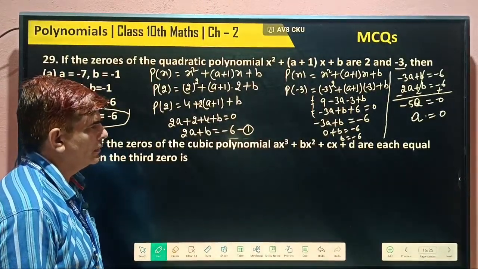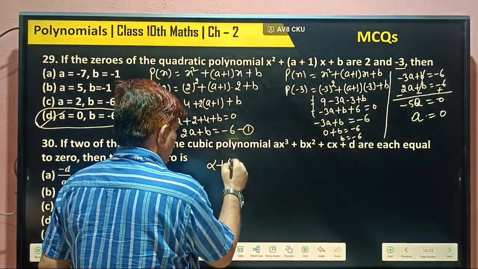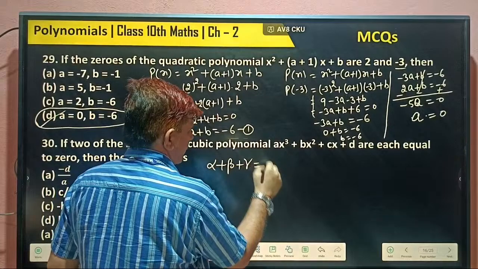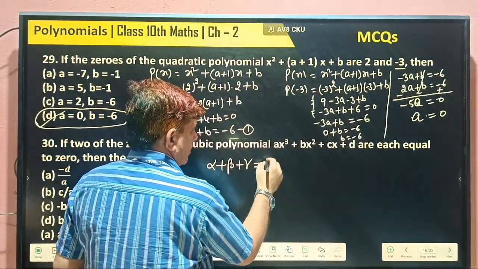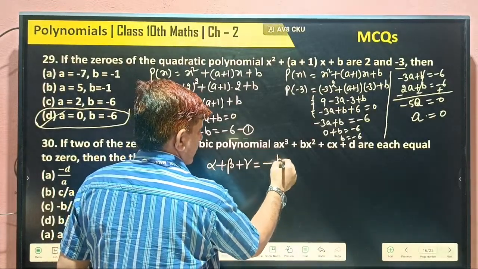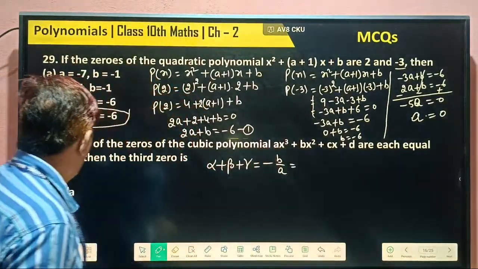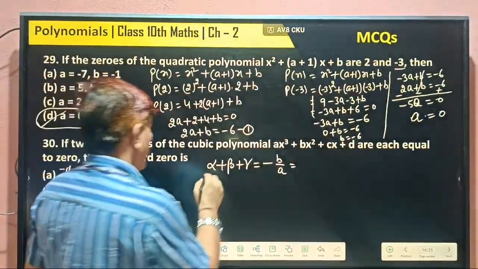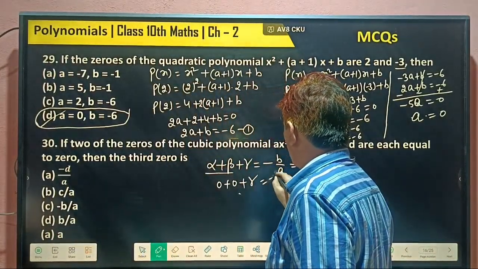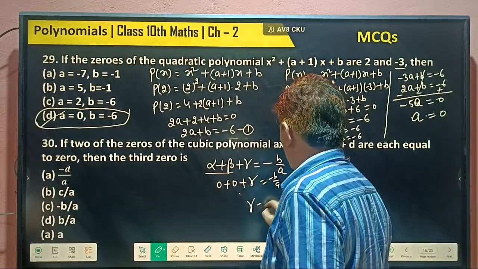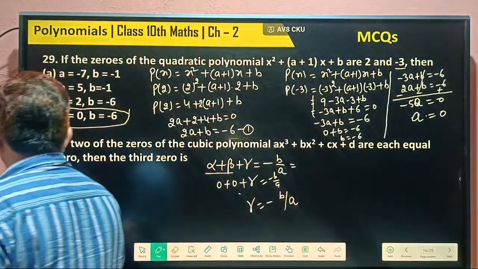Alpha plus beta plus gamma is the sum of the zeros, which is minus b by a. But these two are 0, so 0 plus 0 plus gamma is equal to minus b by a. So the third zero is minus b by a. C is its answer.